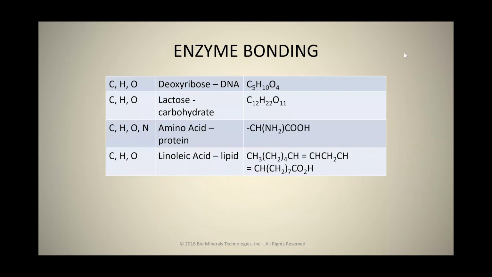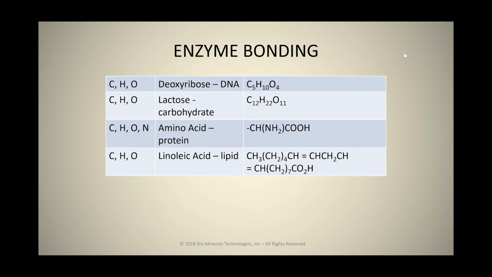So enzyme bonding: we can take carbon, hydrogen, oxygen, and it can become part of our RNA and DNA. It's just in how many carbons, how many hydrogens, how many oxygens are stuck together. The same three elements can become lactose or a carbohydrate. Simply more carbons, more hydrogens, more oxygens. We add a nitrogen to our carbon, hydrogen, oxygen.